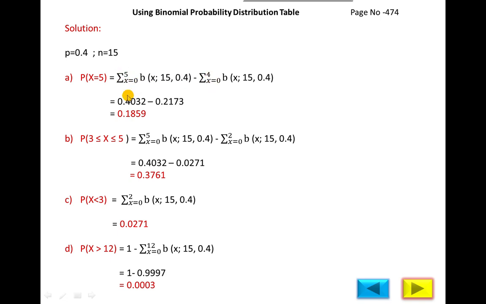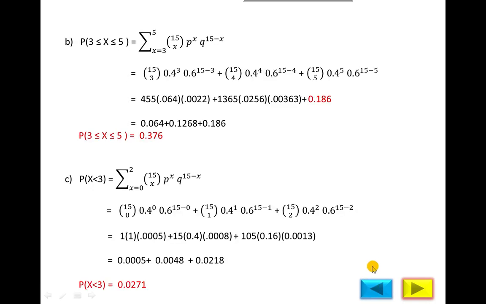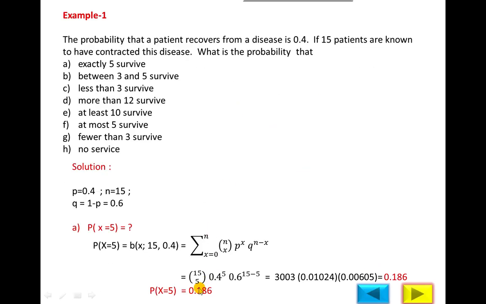This is a logical thing. Subtract these values and you will obtain the same answer, 0.1859, which is approximately 0.186.